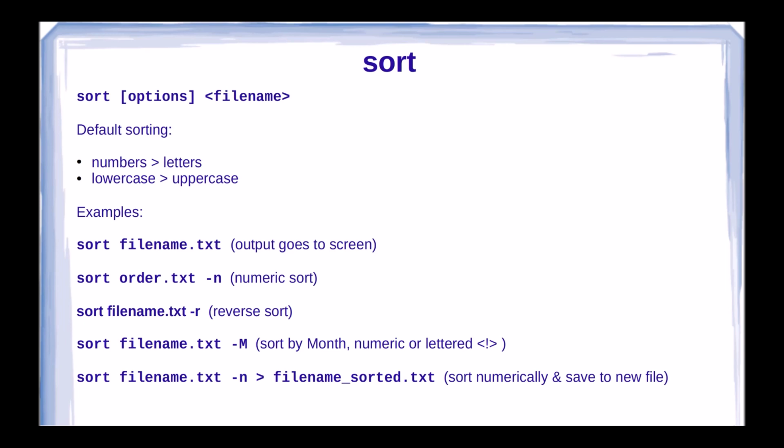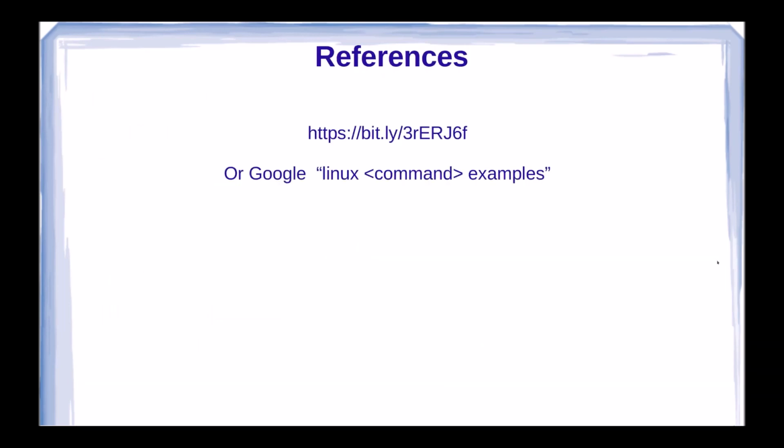However, if you change that right arrow in the middle to 2 right arrows, it will append, not overwrite. Very important to know. And there were like 3 other pages and pages of options.